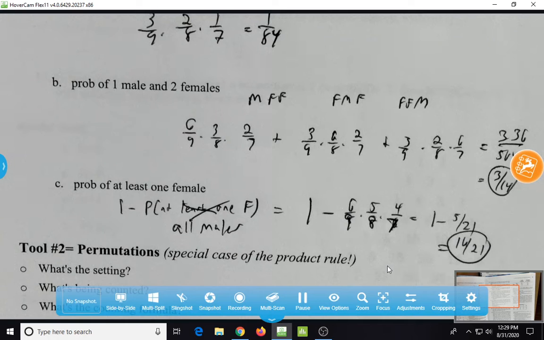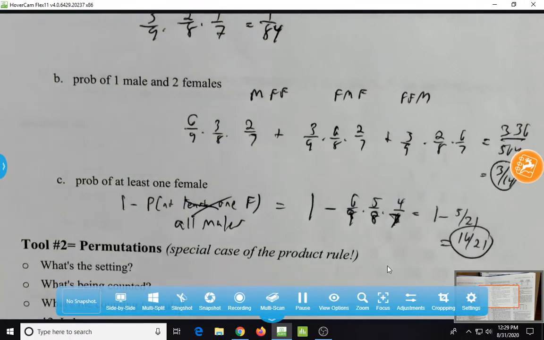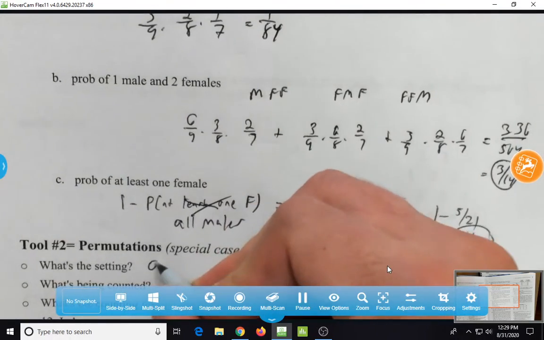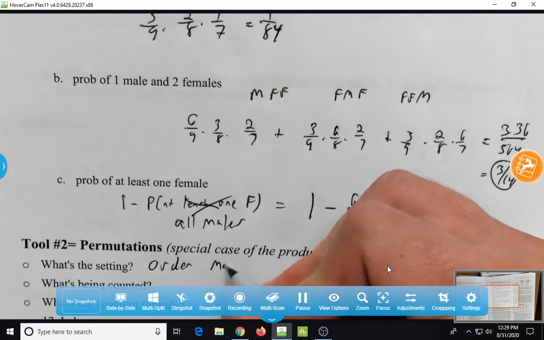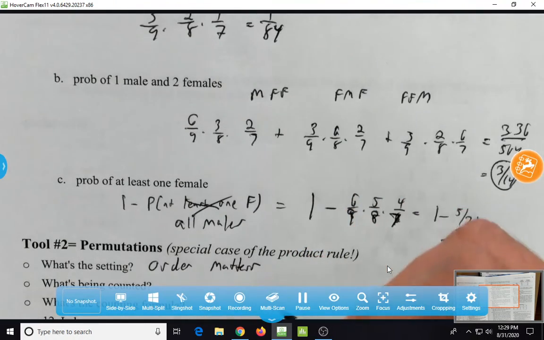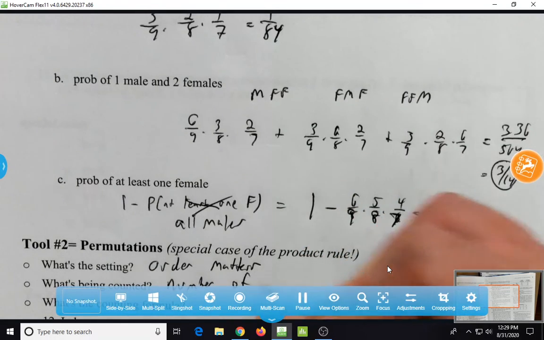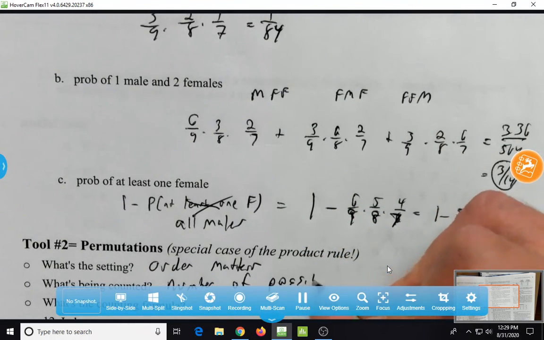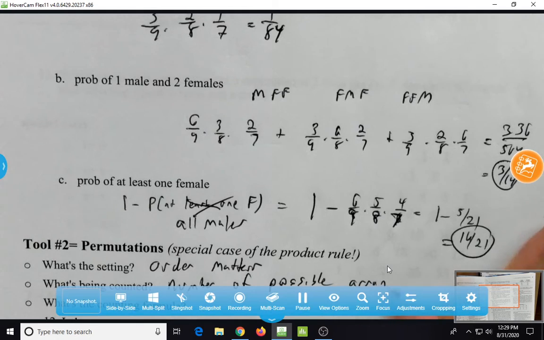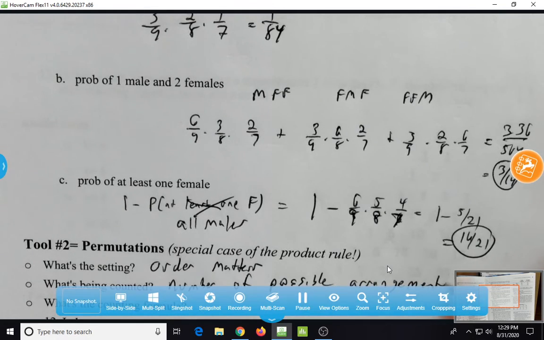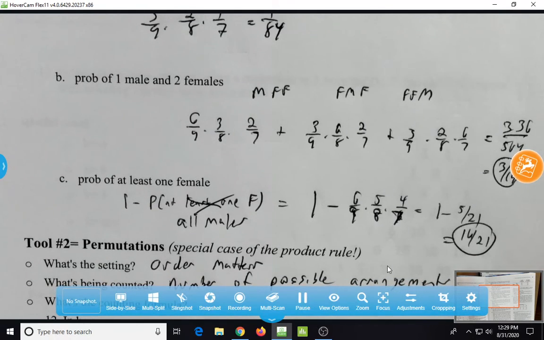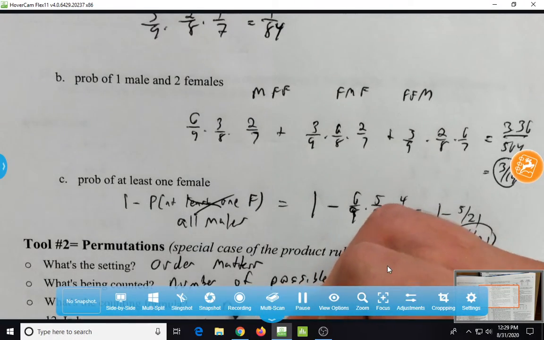All right, so this is kind of a special case of the product rule, and this is the permutation. The setting is that order matters, and in this case you're looking at the number of possible arrangements. The counting formula is nPr.